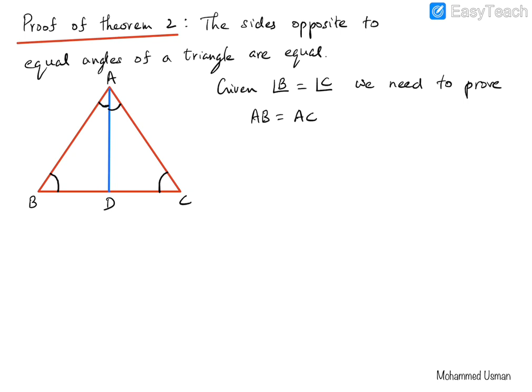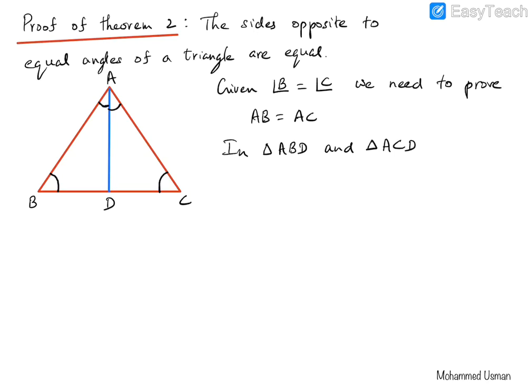And let's try to look into the two triangles ABD and ACD, just like we did in the previous case. So let us investigate in triangles ABD and ACD. Let's look at the parts which are equal and show that these two triangles are congruent. Once we show that these two triangles are congruent, then we can apply CPCT to prove that the corresponding sides are also equal, and then we can show AB is equal to AC.